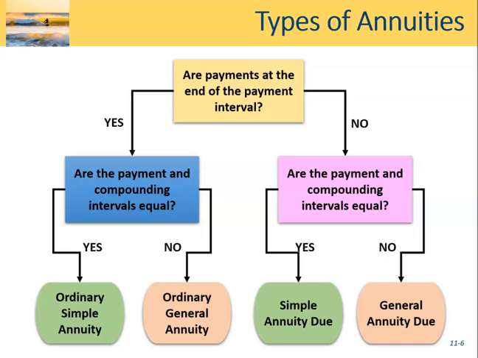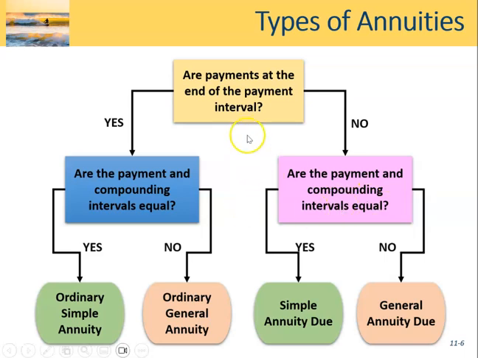So again, there are two main divisions. One is, are the payment and compounding intervals equal? If yes, or if no, that decides whether it is an ordinary simple annuity, an ordinary general annuity, a simple annuity due, or a general annuity due.